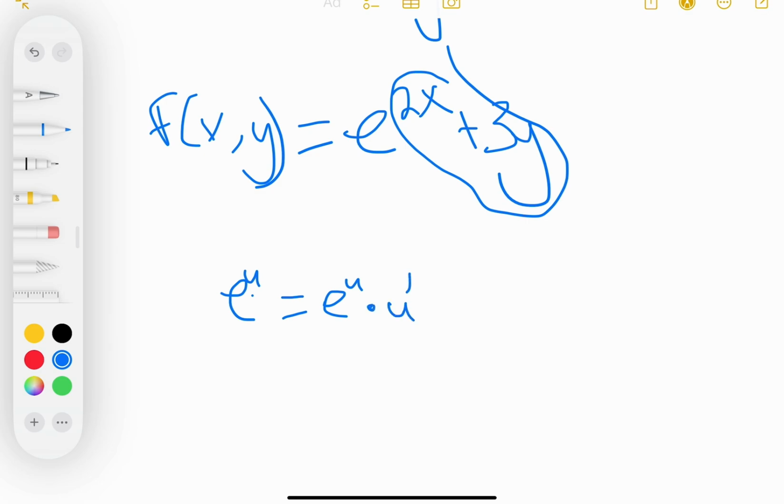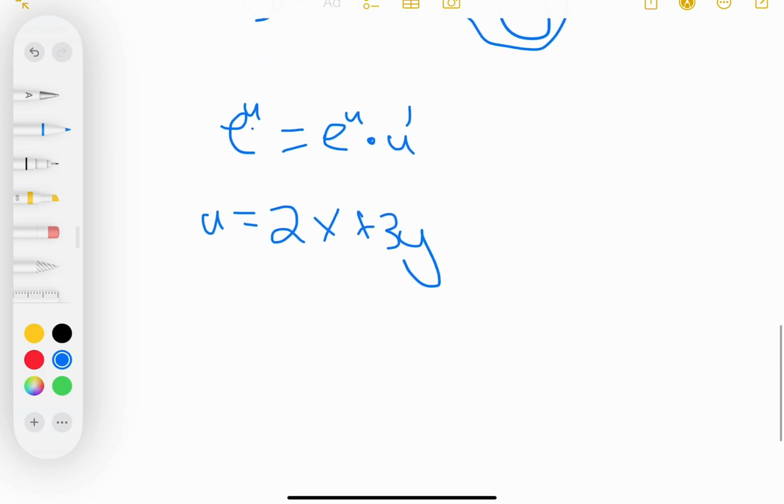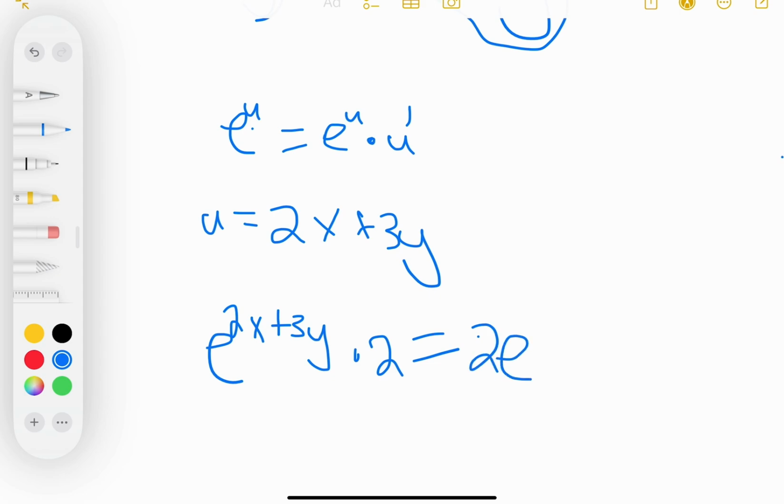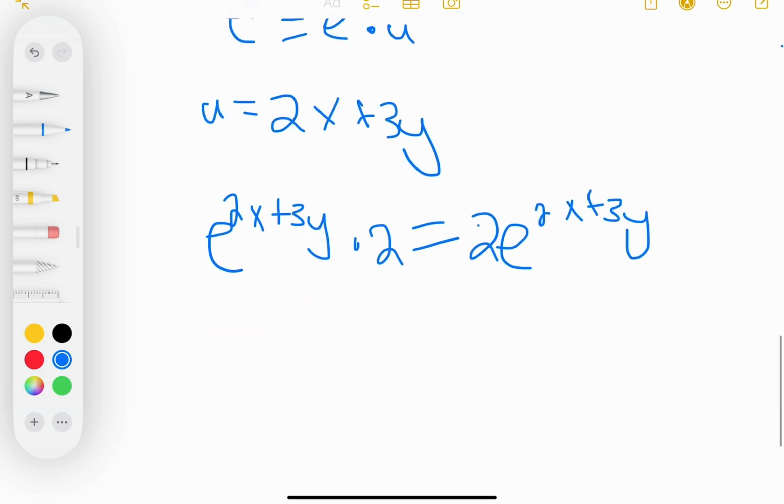In this case, u is 2x plus 3y, and since we're taking the partial with respect to x, the derivative of u is just 2. So that's e to the 2x plus 3y, keeping the exponent the same, times 2.